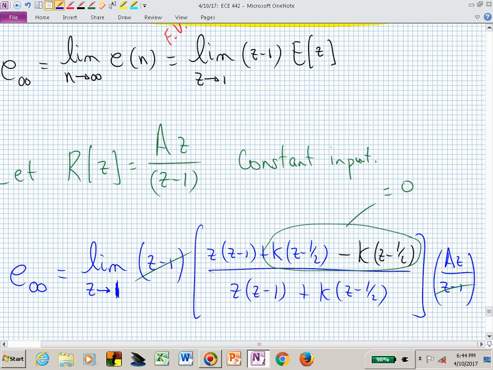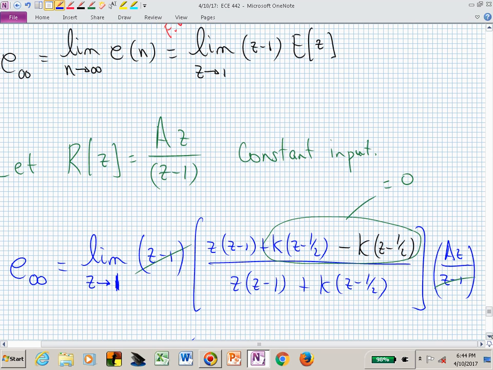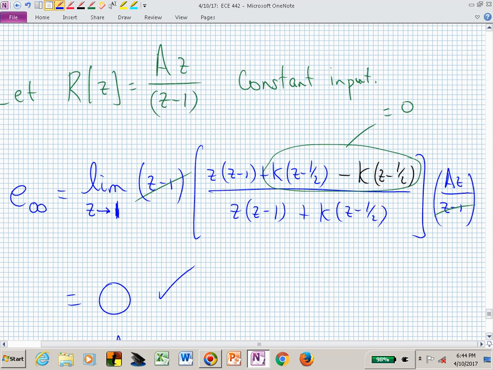I now want z to go to 1. Is my denominator well behaved? If I let z go to 1, is my denominator vanishing? No, it's well behaved. What's happening to my numerator? It now does become 0, doesn't it? Because I'm now evaluating z minus 1 at z equal to 1. So that z minus 1 factor becomes 0, so I've now convinced myself that in fact the steady state error, as I already knew by design of a PI controller, is 0 due to a constant input. And it does.